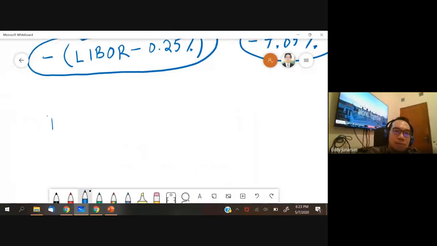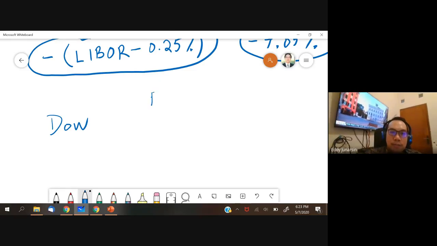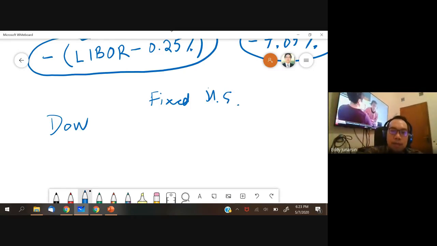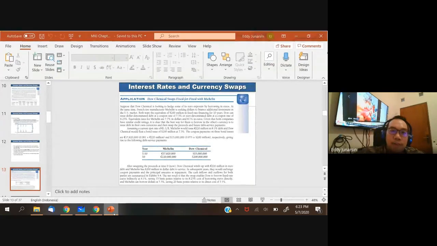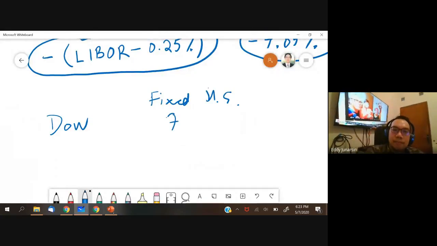So for the Dow, if it borrows money, fixed rate, in the US, it will have to pay 7.5.